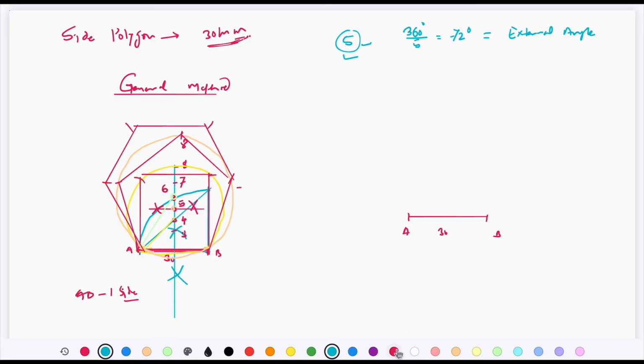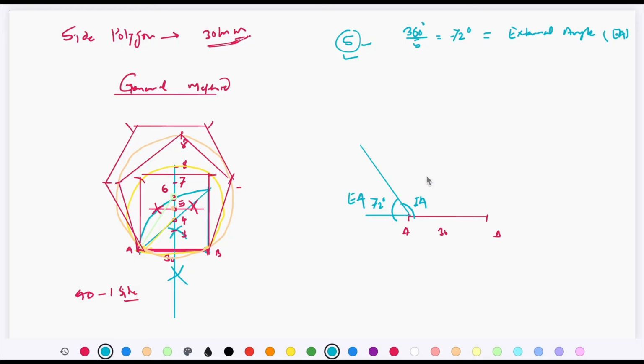Now what is the external angle? From this point A, I'll draw one line which is inclined at an angle of 72 degrees, and this angle is called the external angle. This angle is called the internal angle.